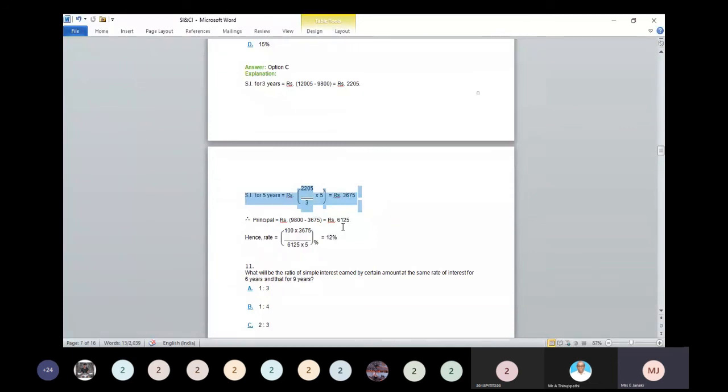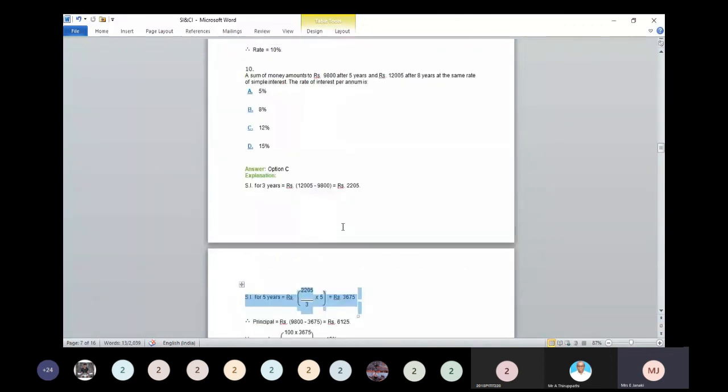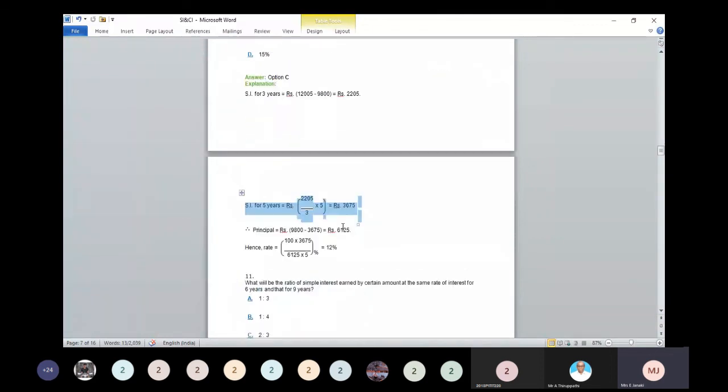Using this result you can calculate, but our question is to find the rate of interest. So what is the formula?